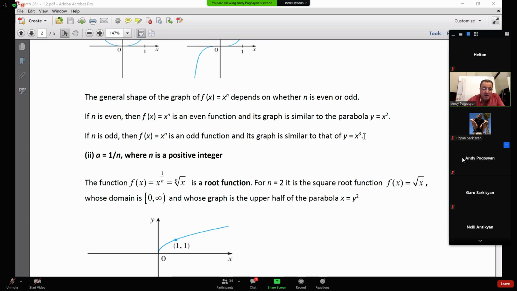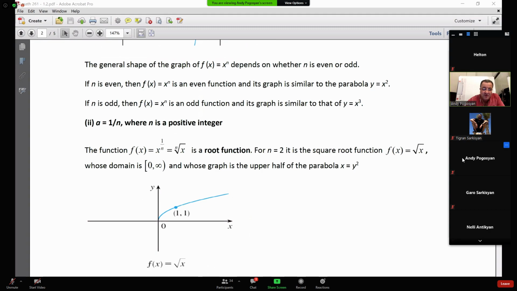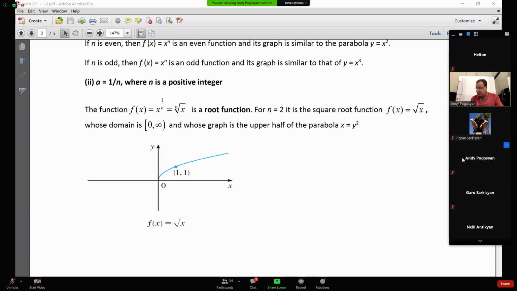Now, a equals 1 over n, where n is a positive integer. For n equals 2, it's the square root function, and now we have a restriction under the square root.